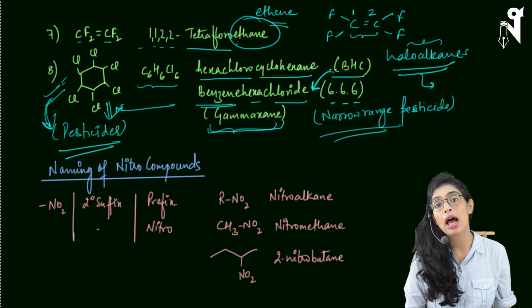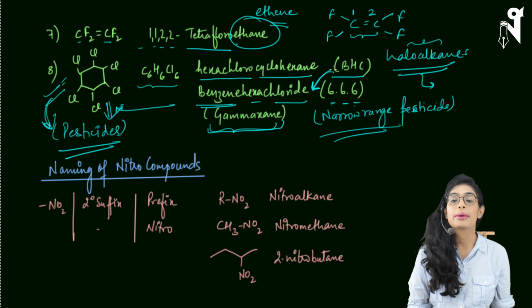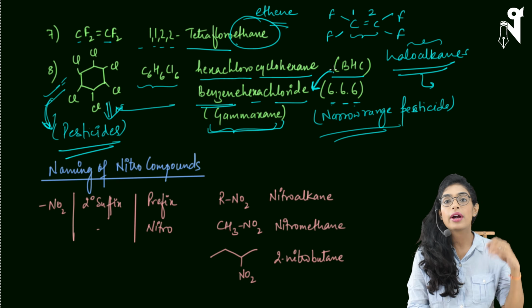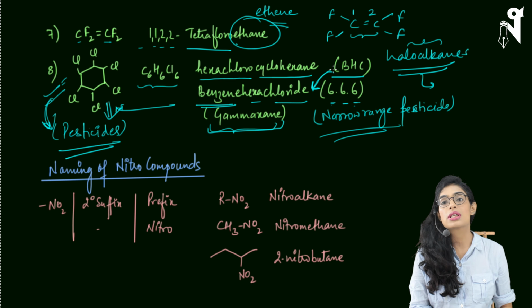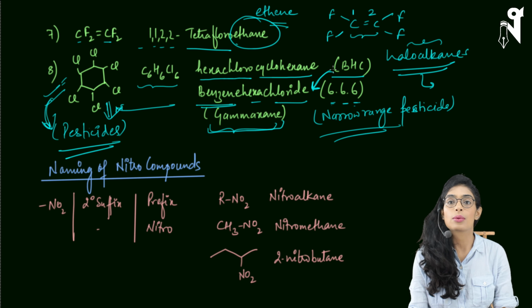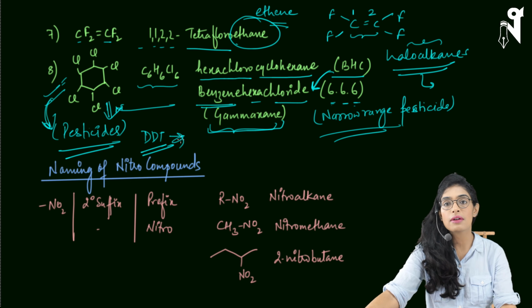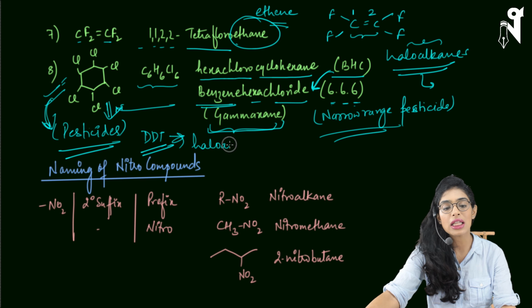You must know that all the haloalkanes are pesticides, because when you get some random question like, find out which of these is used as insecticide or pesticide, it would always be a haloalkane. I'm sure you must have heard of DDT, and DDT is also a type of haloalkane about which we will study in the haloalkanes chapter in much more detail.